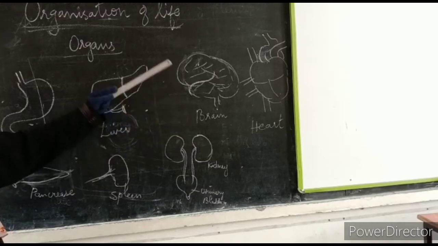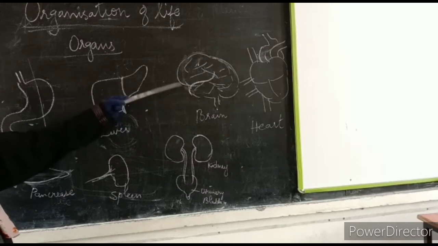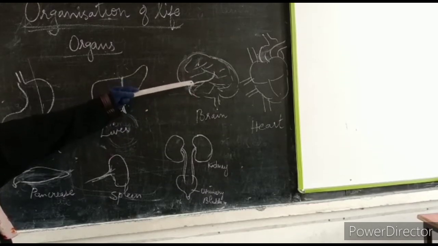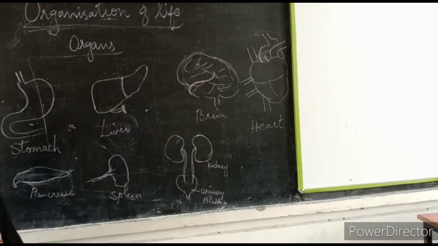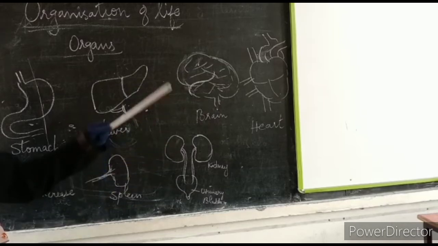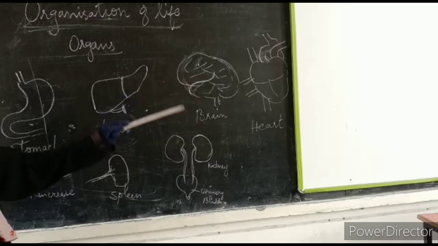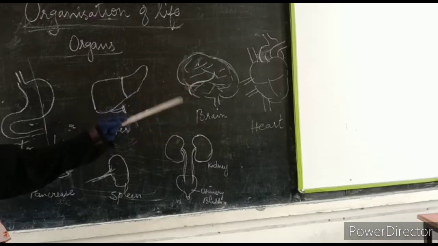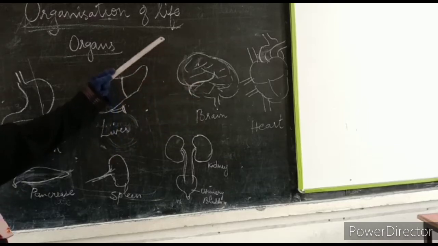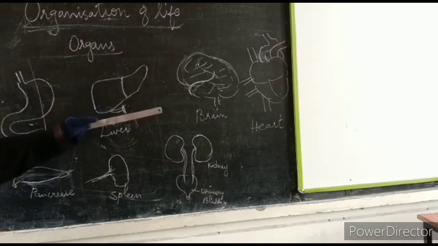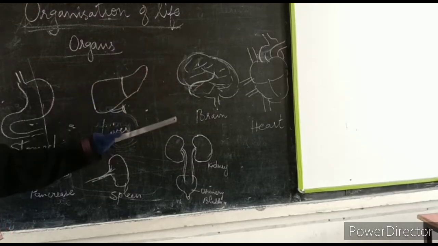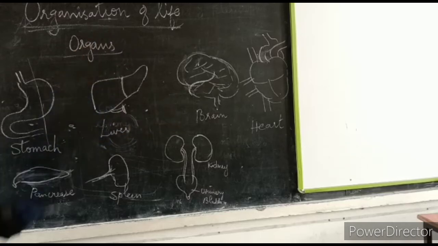And this deoxygenated blood collectively goes towards the lungs through the pulmonary artery. And then it gets the oxygen, and that oxygenated blood again enters the heart through the pulmonary vein, and then it goes towards the aorta. From the aorta, the oxygenated blood moves to all parts of the body.